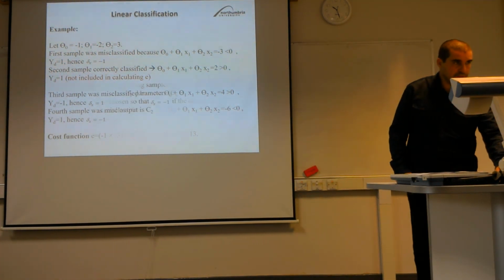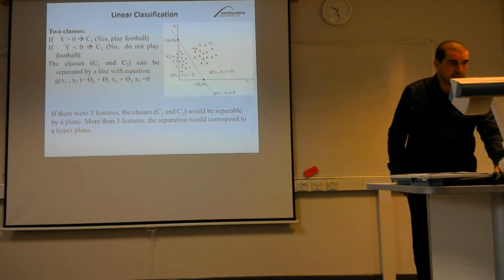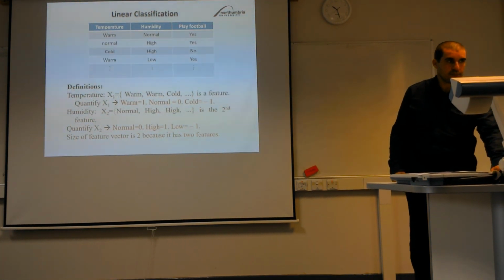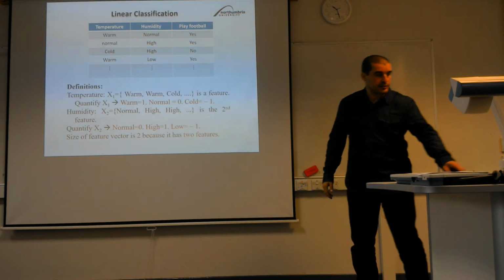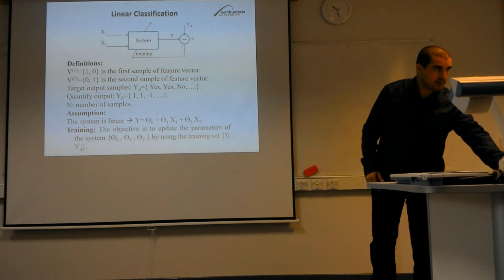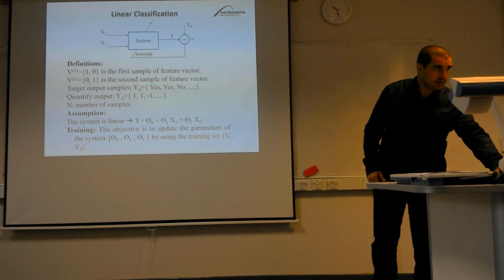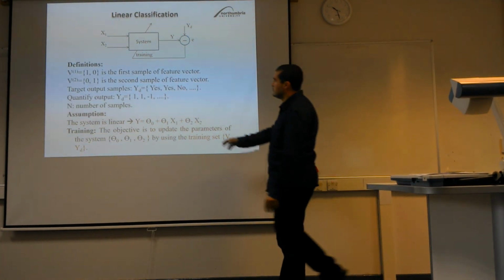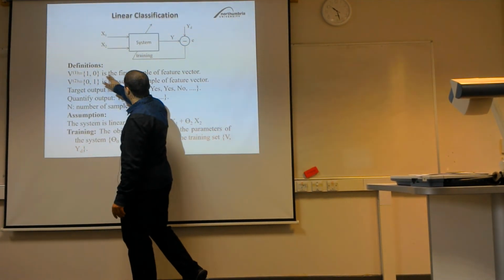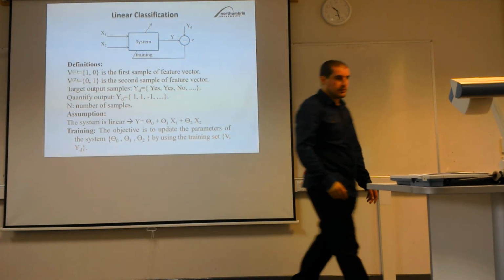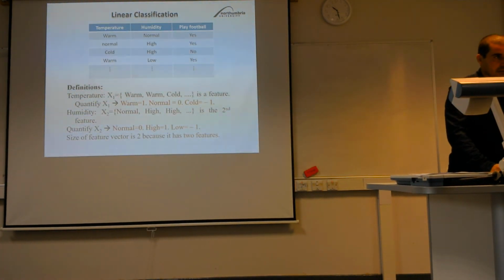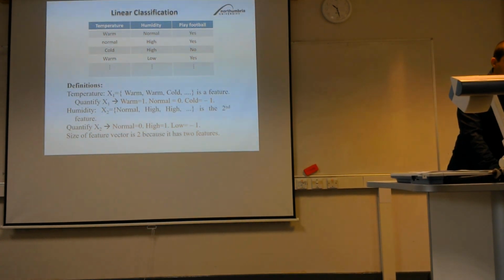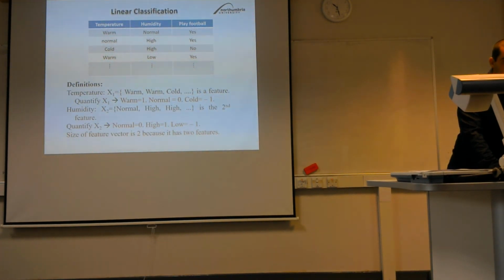Now if you check the first sample here in the table, the first sample is 1, 0. That's the first sample from the table, and the output should be 1. So the output is yes, so it should be 1, should be positive.